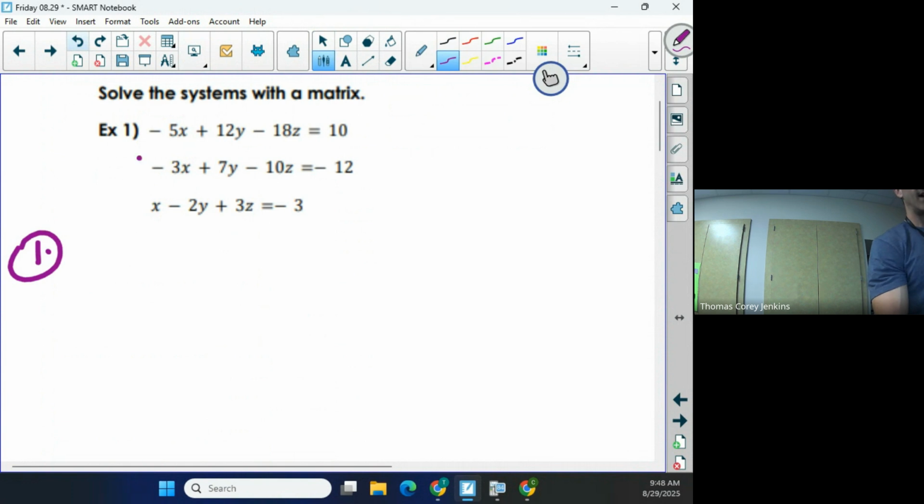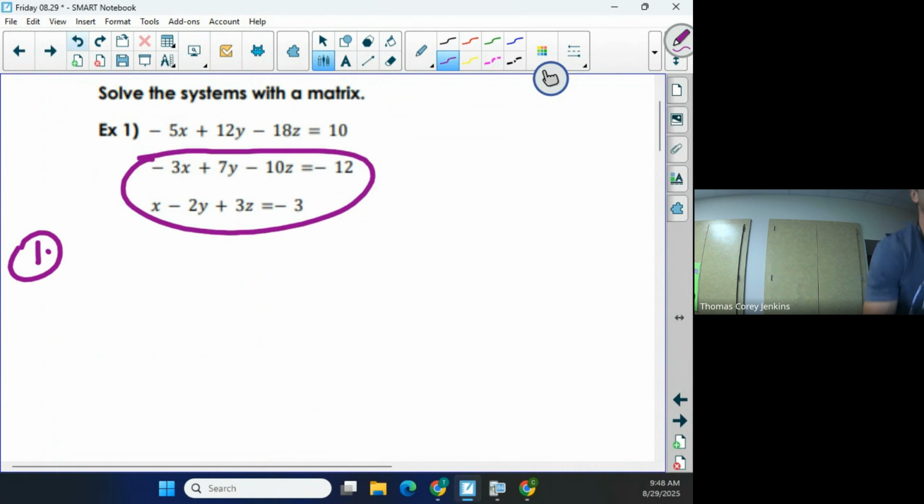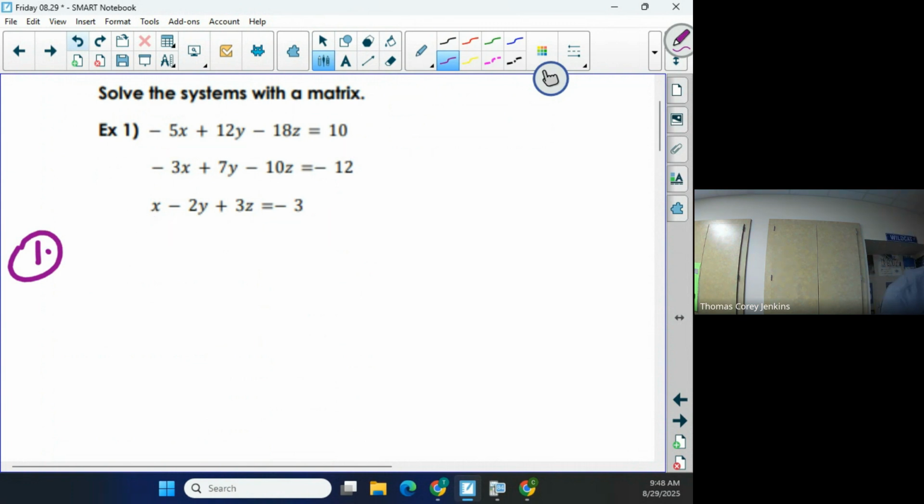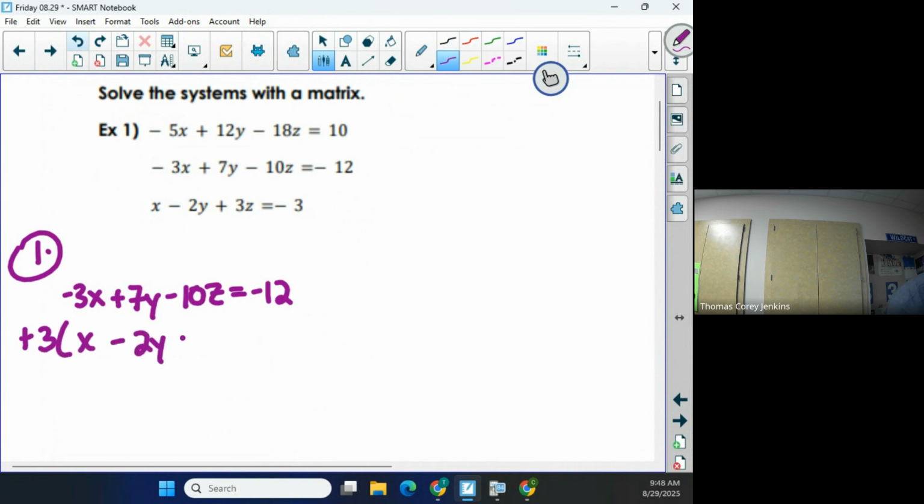So if I added some version of these two together to make that happen, what I would do is maybe take row 2, -3x plus 7y minus 10z equals -12, plus 3 times row 3. Then that would cancel out the x's. So x minus 2y plus 3z equals -3.